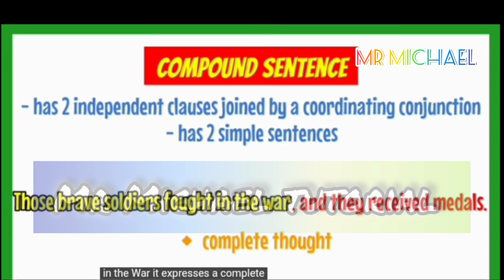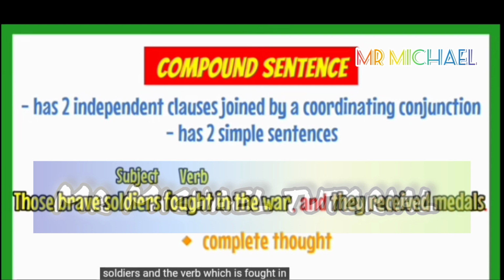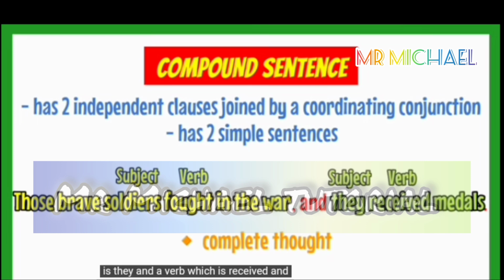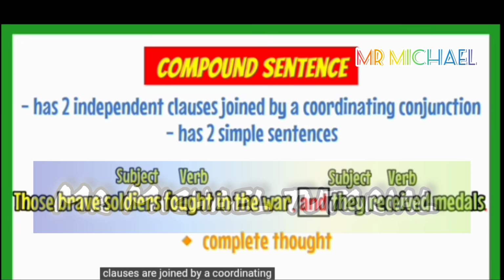It has a subject, which is soldiers, and the verb, which is fought. And the other independent clause is, they received medals. It has a subject, which is they, and the verb, which is received. And as you can see, these two independent clauses are joined by a coordinating conjunction, and.